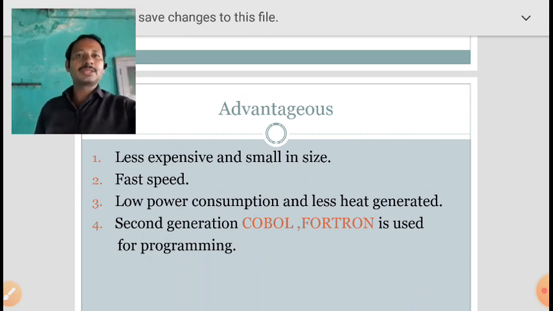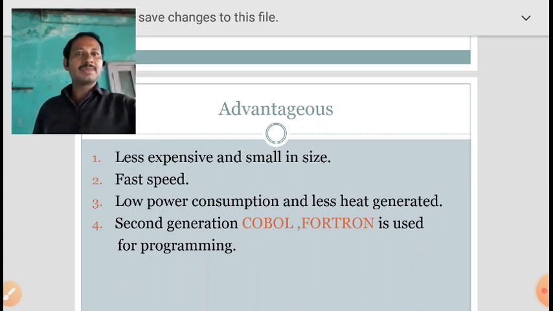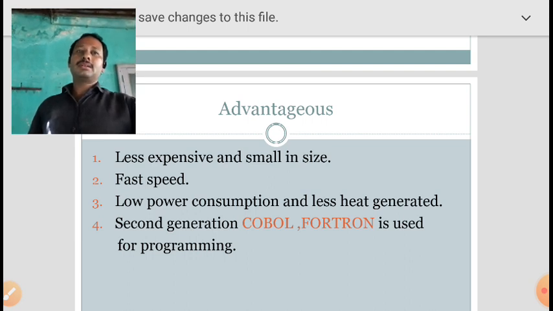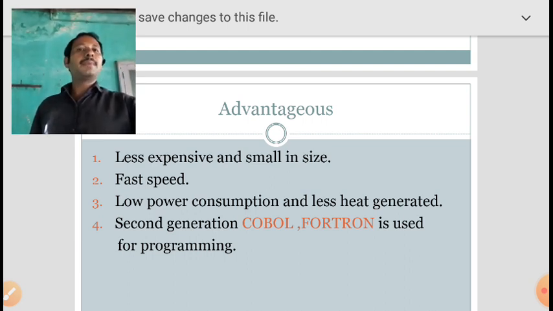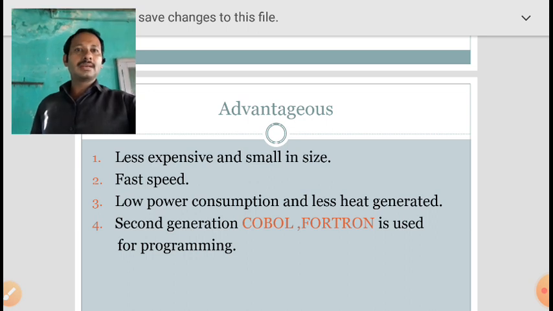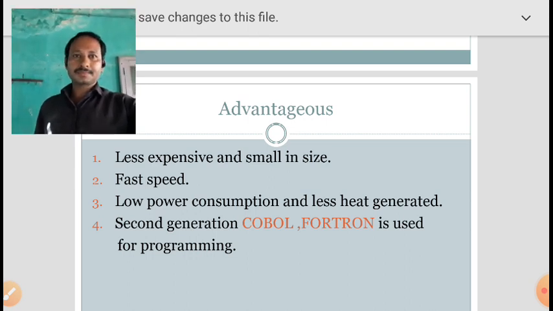There are some advantages of the second generation computer. It is less expensive and small in size. Obviously less expensive, because if you purchase a first generation computer it is very costly, and the size is very small compared to the first generation. It has fast speed, because the first generation was based on batch processing, but here they provide multi-programming and multitasking, so obviously the speed is very fast.